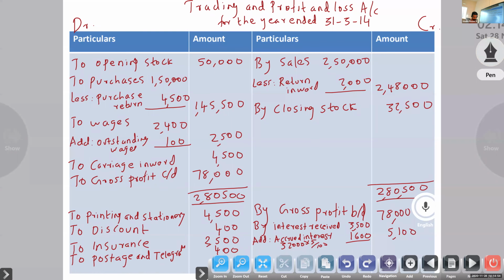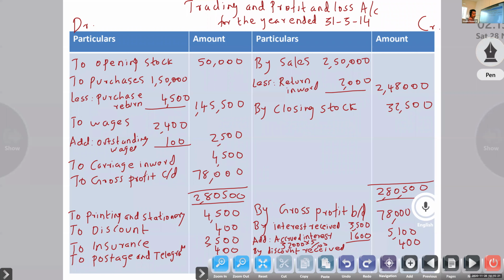Next one more item, discount received, no adjustment, 400. Interest received on investment, you can write that also.